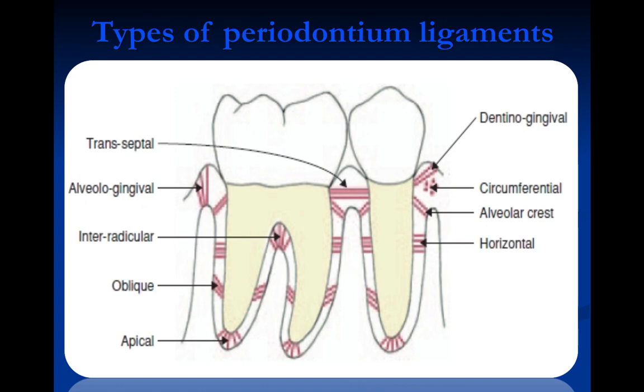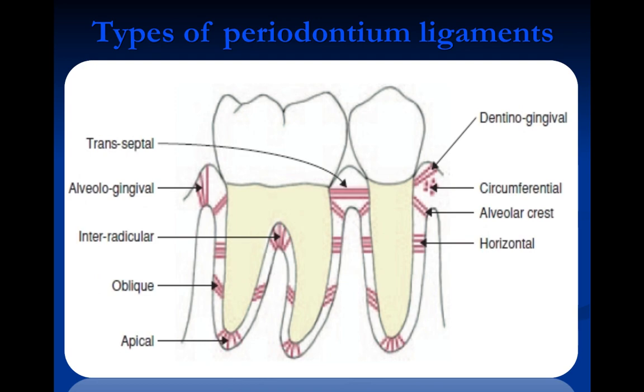There are also interradicular fibers, located in the bifurcation or trifurcation of multirooted teeth, starting from the alveolar bone and fixed to the cementum of the roots.